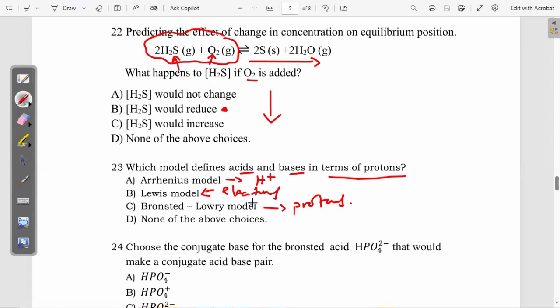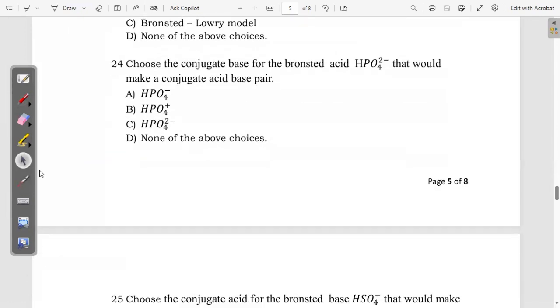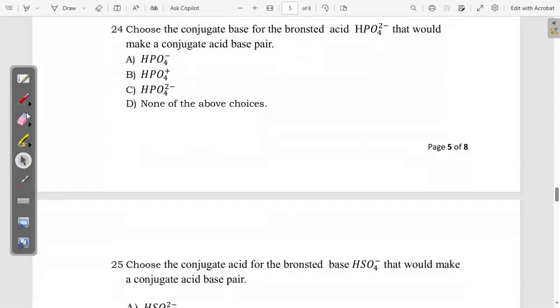Okay. All right. So 24, what are they saying on 24? These are similar questions to what you had in the tutorial sheet. They're just saying, choose the conjugate base for the Bronsted acid. So they've given me the acid, and they want me to choose the conjugate base.